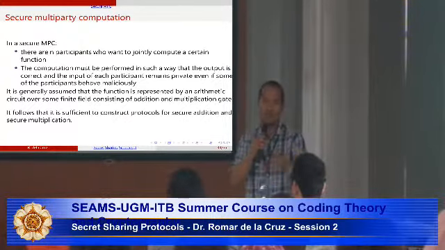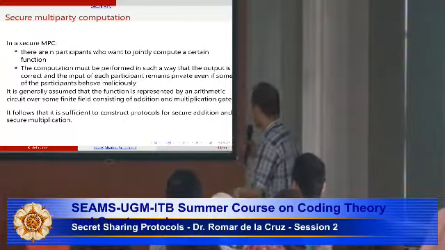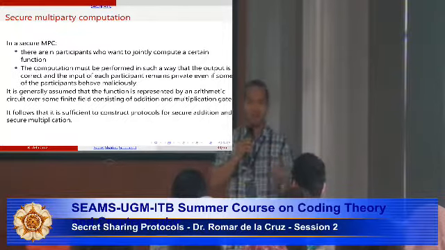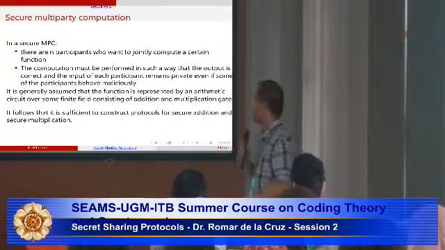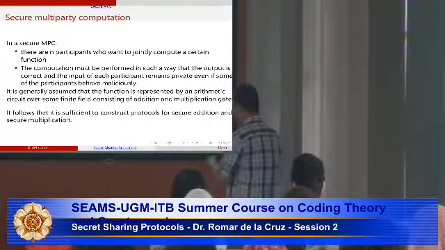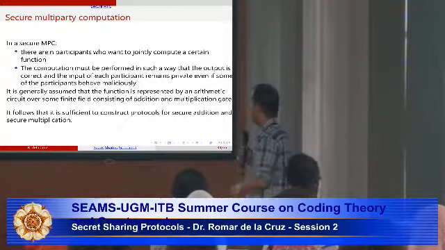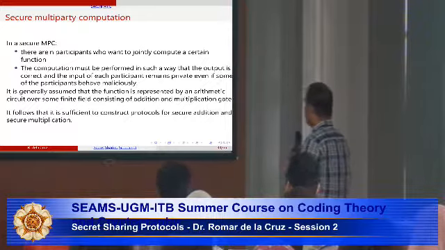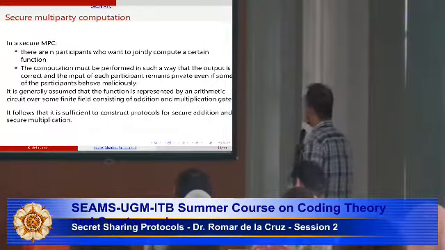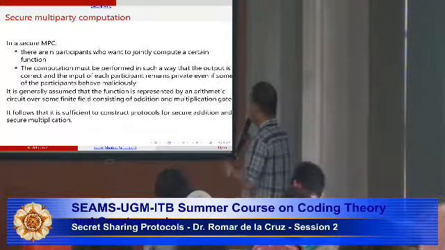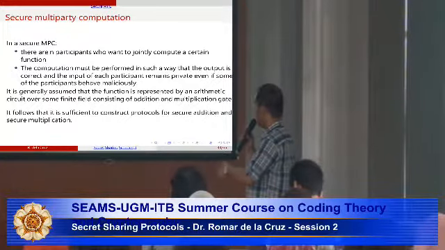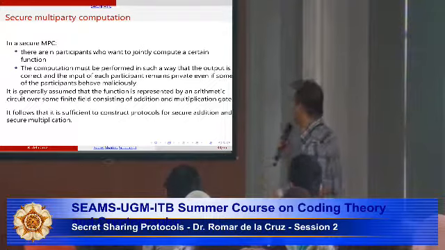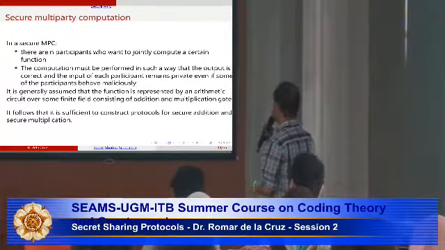So how do you perform computation of a function without a trusted third party? You only have the participants to do that. One way is to use linear secret sharing schemes. I will describe how to apply linear secret sharing schemes to perform secure multi-party computation.